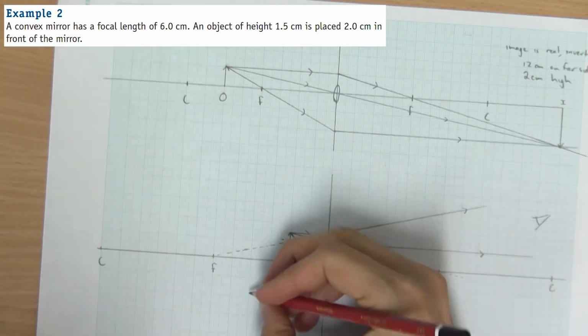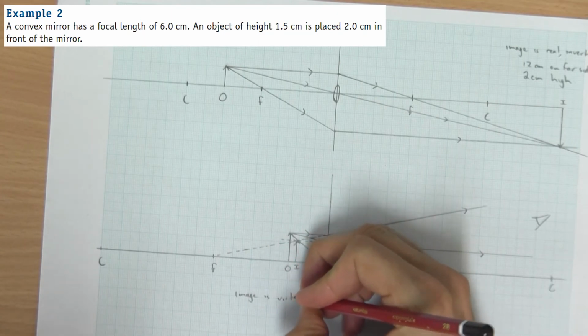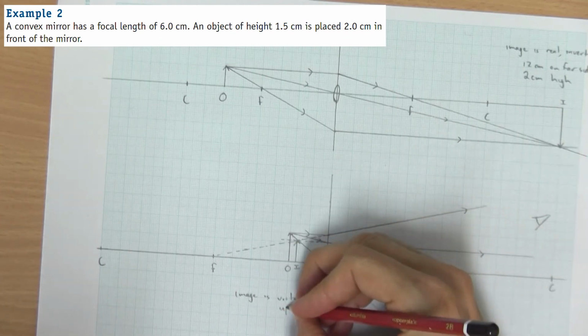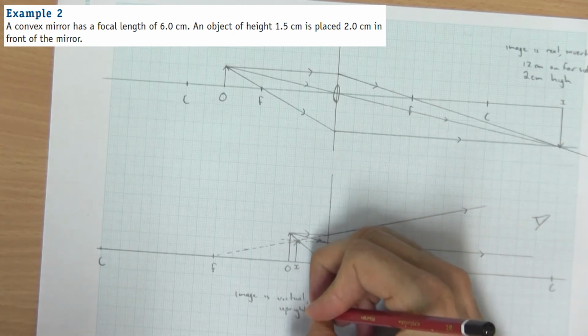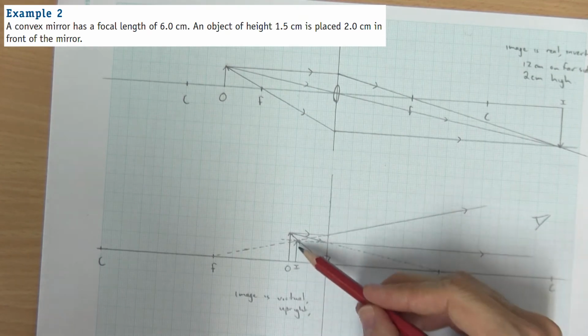So here, my image is virtual. It's upright. It's actually on the same side of the lens, 1.56. That line isn't actually straight.